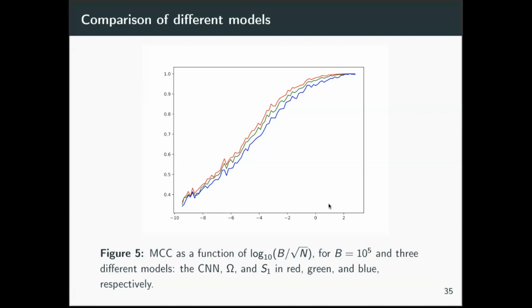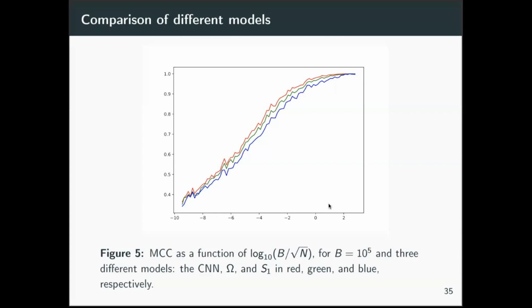So if you have too many conditions, then all the models are working well and they're pretty close to each other. And if you have too few conditions, then the models are not doing well at all. So they're also close to each other. But let's say if you look at this data point, when MCC is equal to 0.7, here you can see a substantial difference between CNN and, let's say, Nagao sum S1.